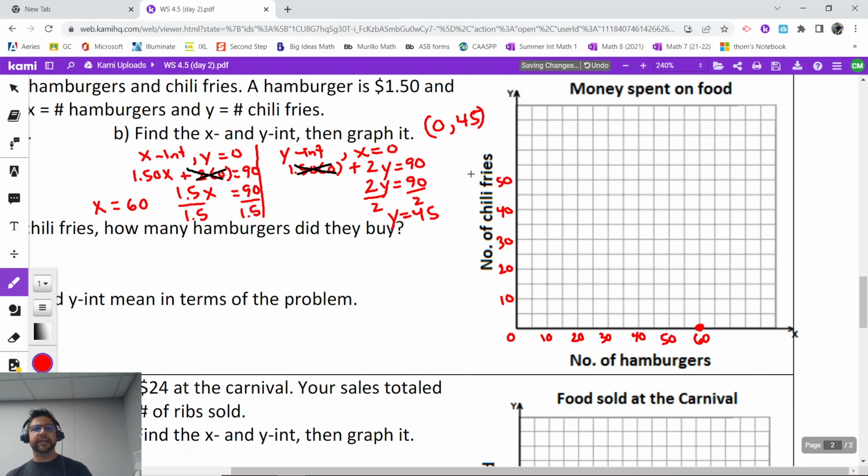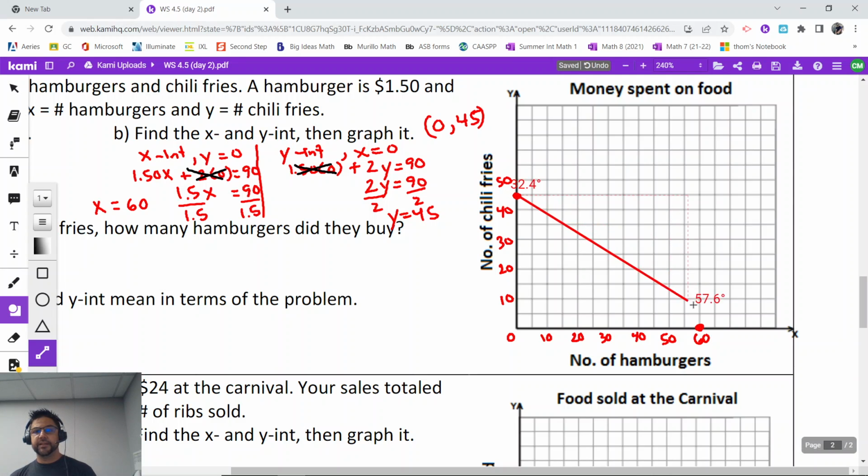My y-intercept is 0.45, so 0, 45. Let's go ahead and connect them. Notice on this one, since it's only a quadrant 1 graph, I'm not going to extend it. It cannot continue into the negative areas and things like that. All right, we have finished the graph.